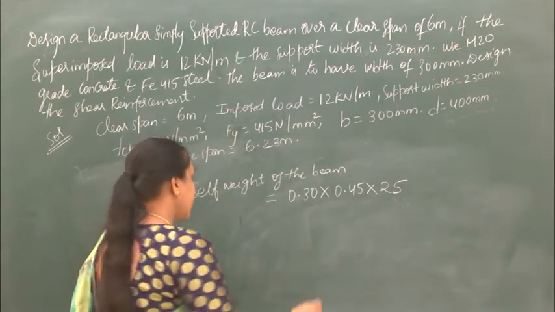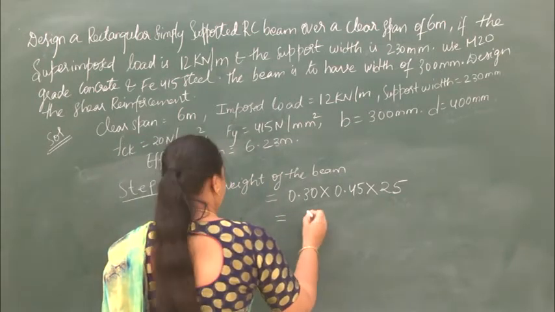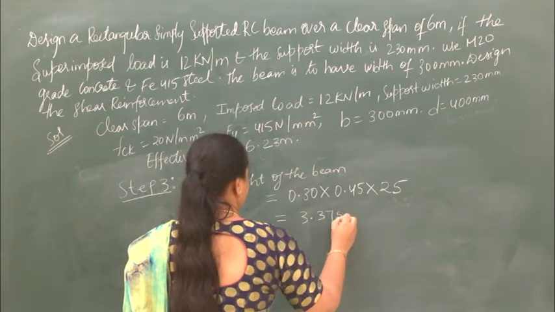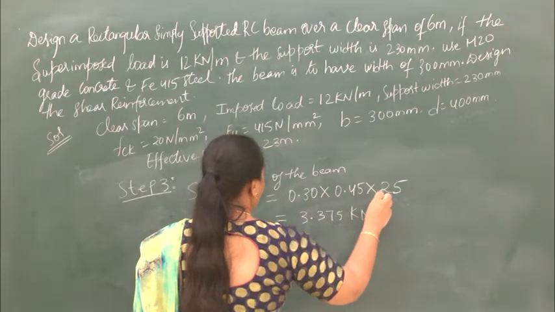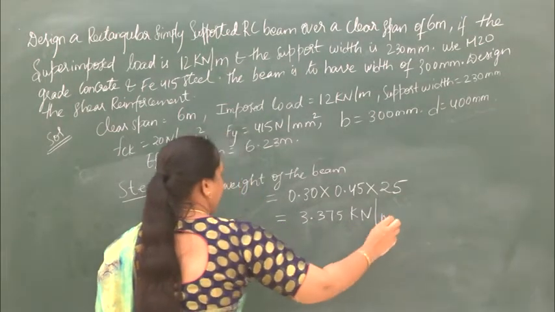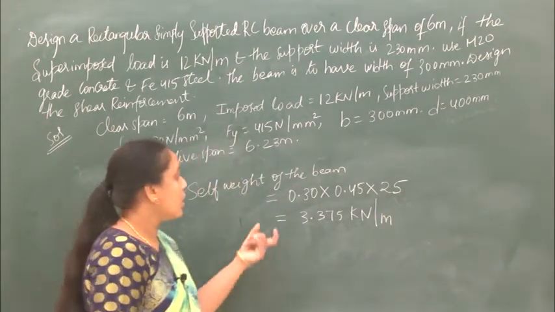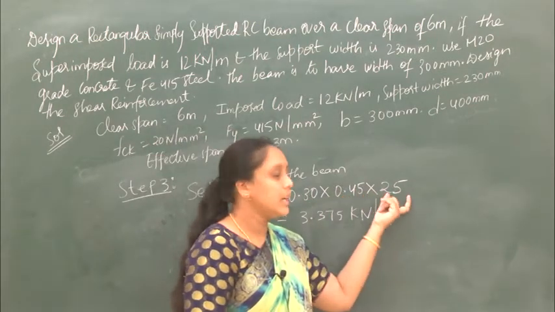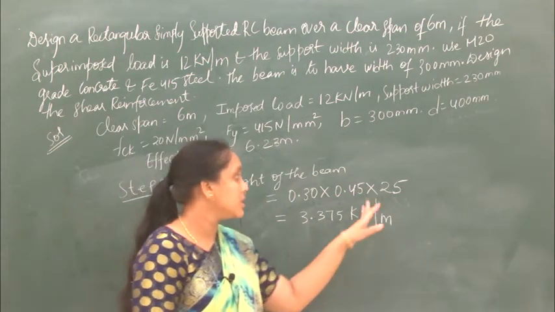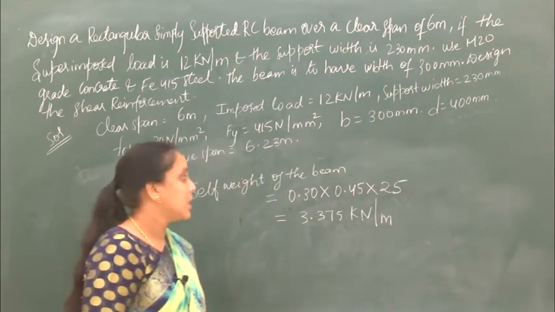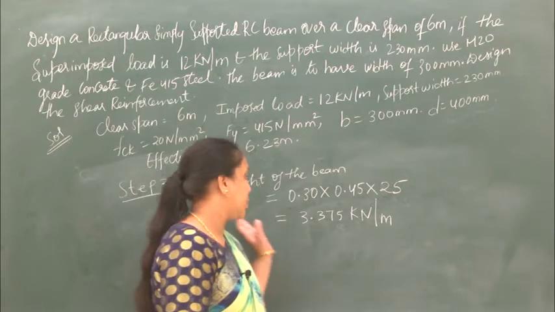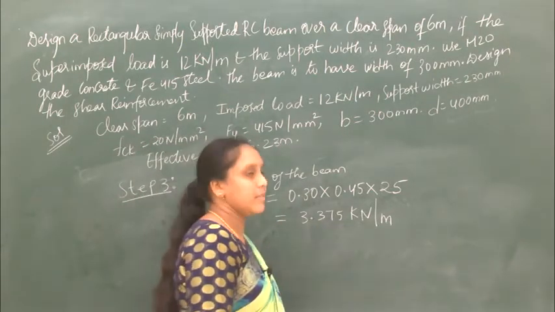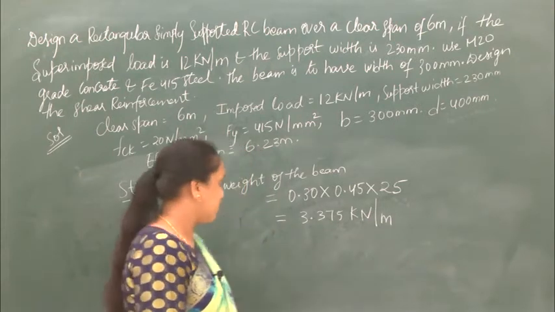If you solve this, you will get a value of 3.375 kilonewton per meter. So from the breadth, the depth, and the unit weight of RCC, the self weight of the beam is 3.375 kilonewton per meter.